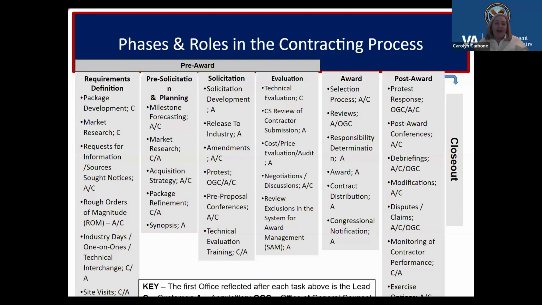It's how we get our end users the tools, the supplies, the services that they need to do their job, or in the case of my agency, VA, for veterans and their families to have what they need. So we'll go to the next slide.